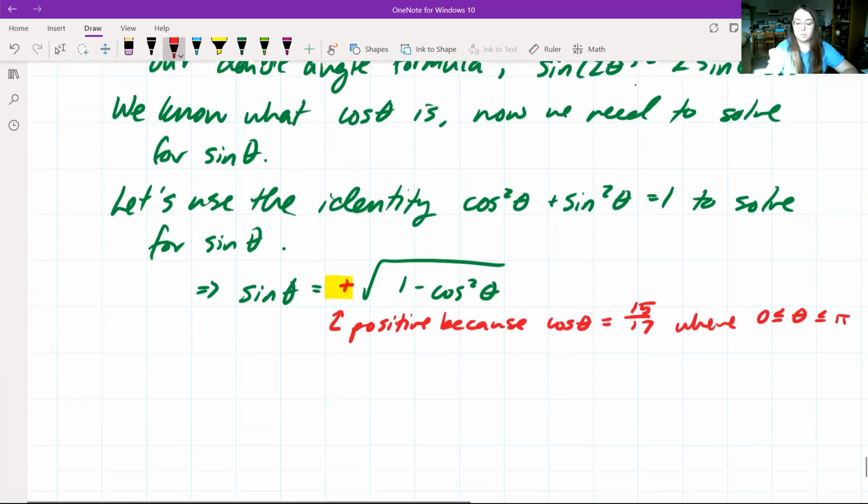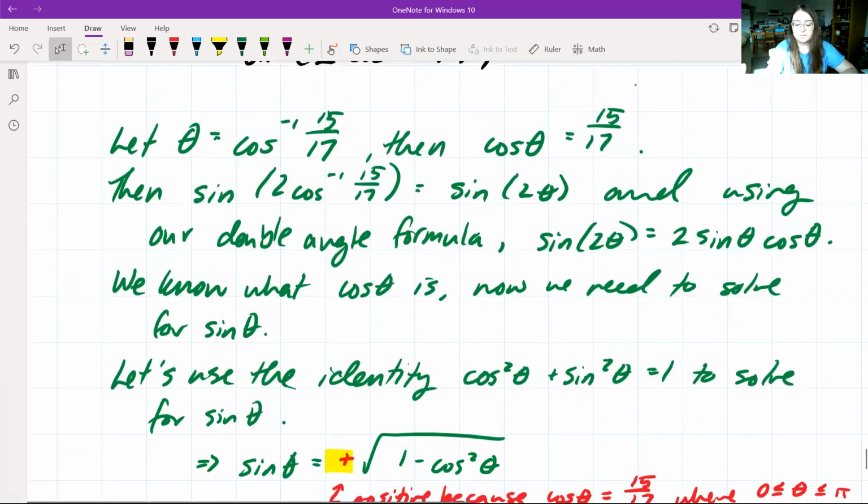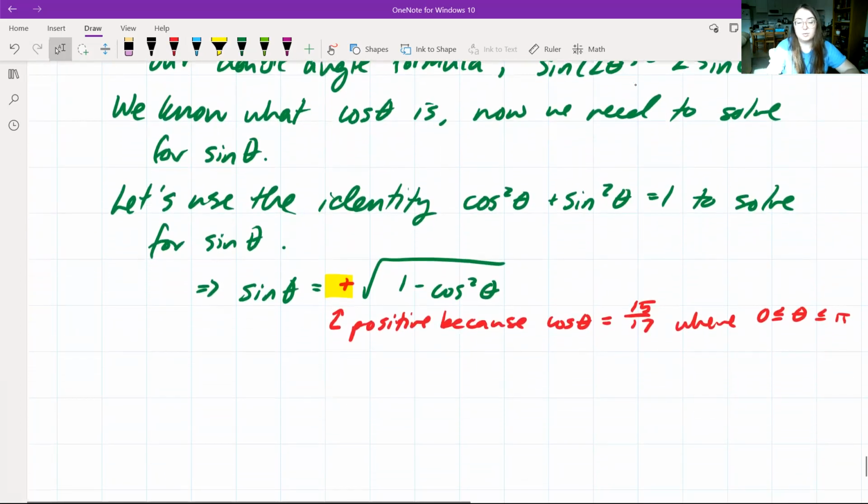And this is because we used our formula there to take cosine of cosine inverse. So this means that our range of theta has to be between 0 and pi.